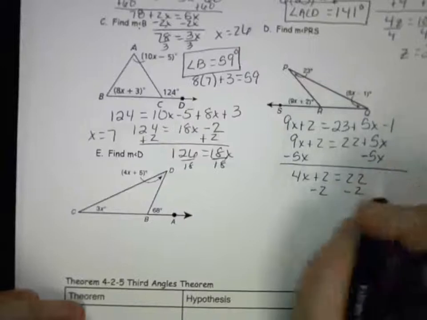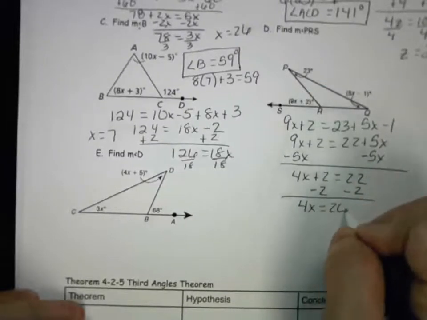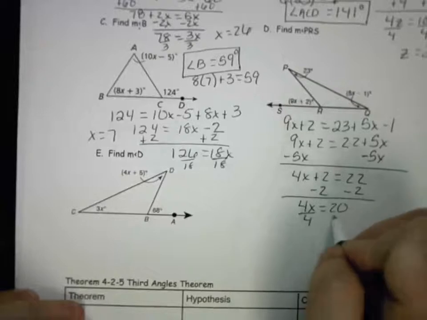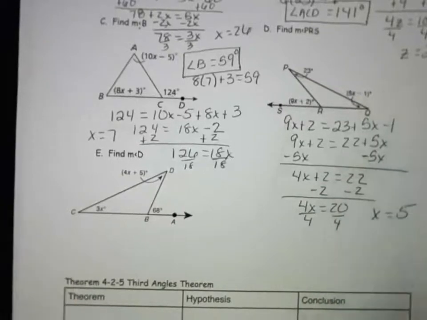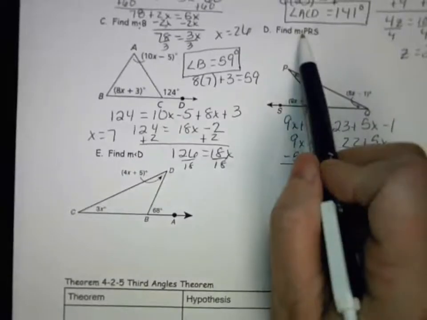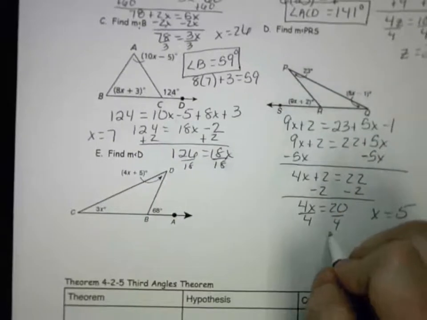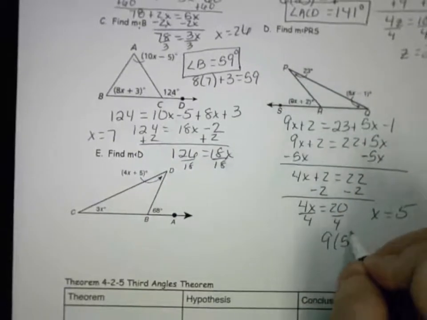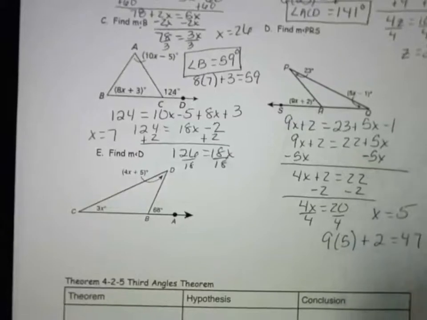And when you subtract 2 from both sides, 4x equals 20. And then x equals 5. And you are asked to find angle PRS, which is right here. So 9 times 5 is 45, plus 2 is 47.